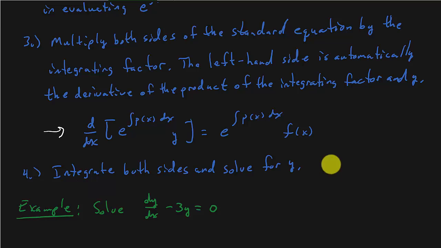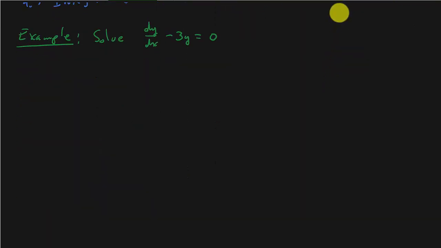All right, so let's look at some examples. We can see that this one is already in standard form. We've got dy/dx, and then minus 3y equals 0. So p(x) is equal to negative 3. That's the term in front of y.